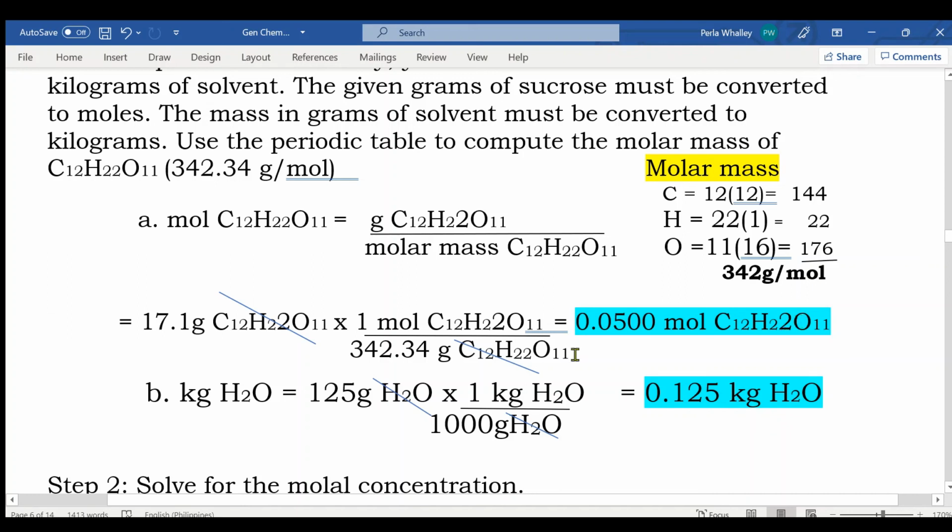And then we convert the 125 grams water to kilogram. In 1 kilogram there are 1000 grams. Grams water cancelled out, and the final answer would be 0.125 kilogram of water.